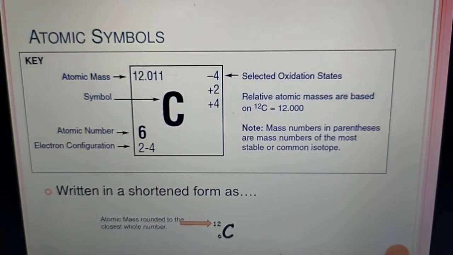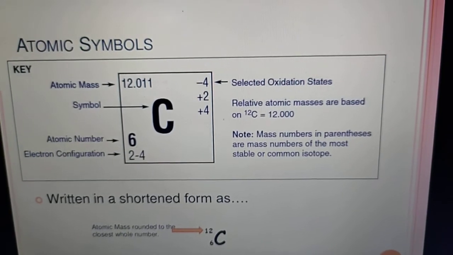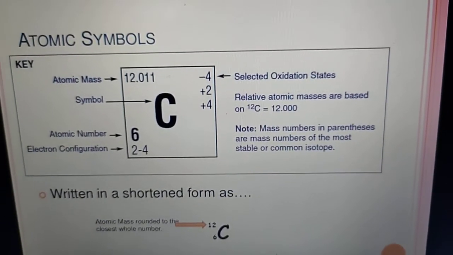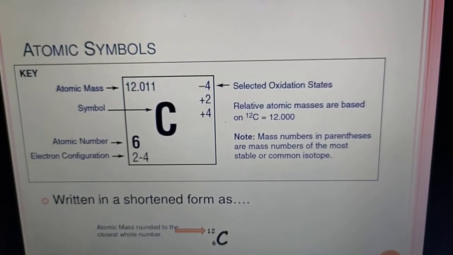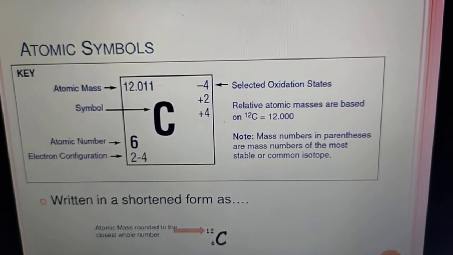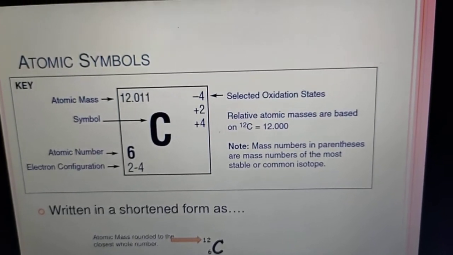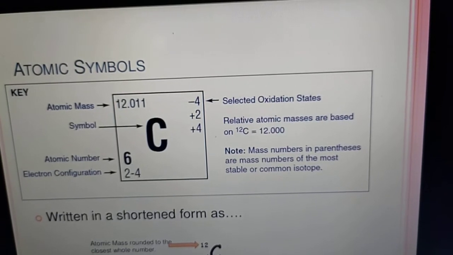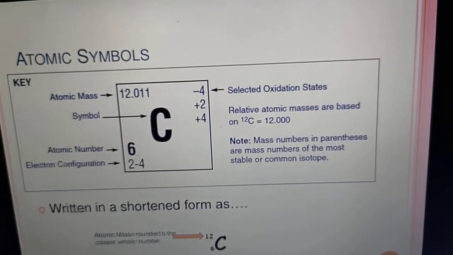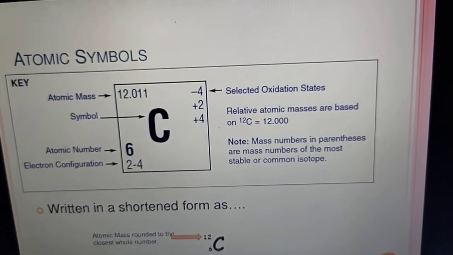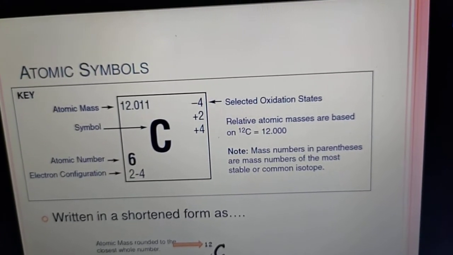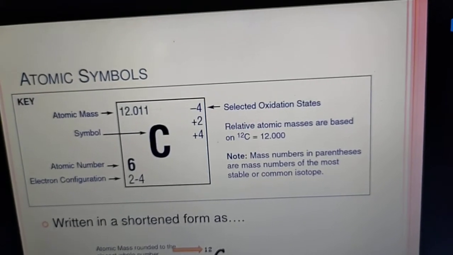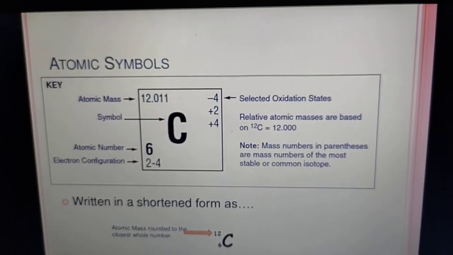Now the symbol represents a quantity of the element equal in mass to its atomic mass, or gram atomic mass. You know that the atomic mass of carbon is 12, so it tells us that 12 gram of carbon is present. The symbol also represents the mass of the element which contains 1 Avogadro's number of atoms of that element. 1 Avogadro number is equal to 6.022 into 10 to the power 23.